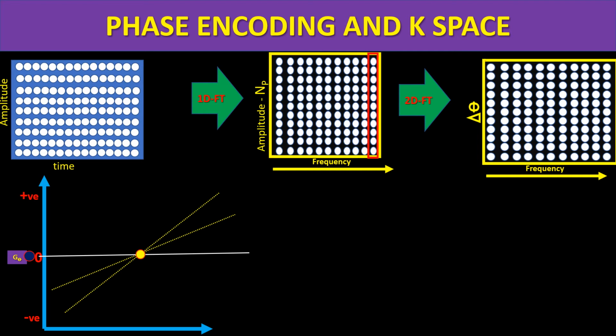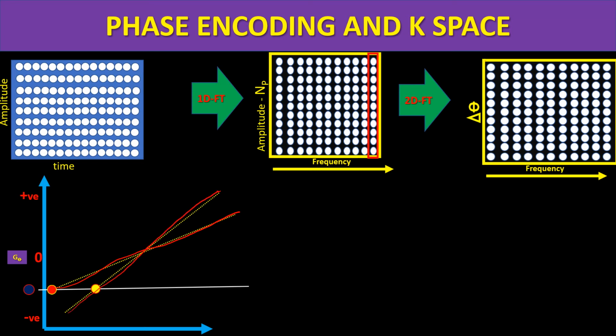If I give a phase gradient of this much, and a second phase gradient of this much, you see this is the amount of change in the amplitude that we see.